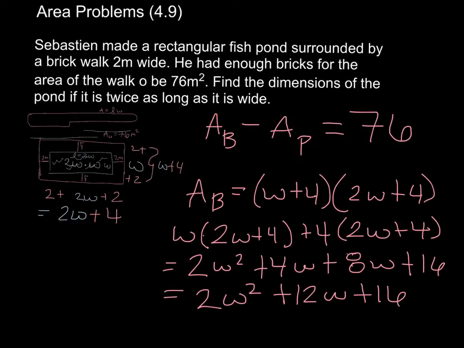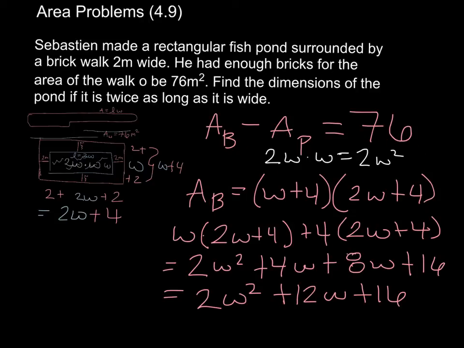Now the smaller rectangle we've seen already, that smaller rectangle is 2w times w, which equals 2w squared. So that came from the expression that we wrote a while ago, the area of that small pool. And that is this right here.